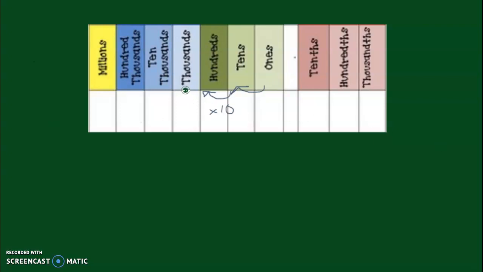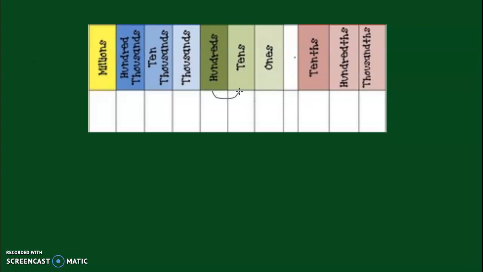Now, the opposite of that. If we're moving to the right, so if we look at the hundreds place, so 100 and the 10, 100 divided by 10 is 10. 10 divided by 10 is 1.